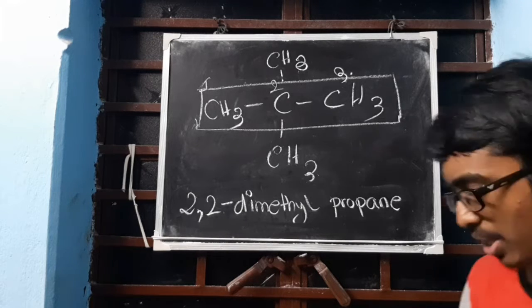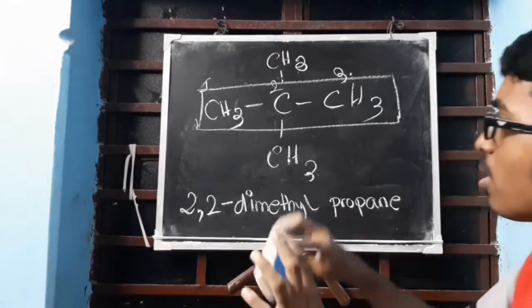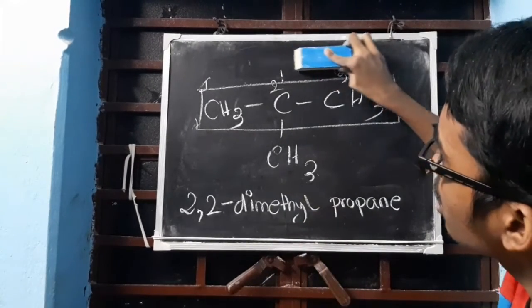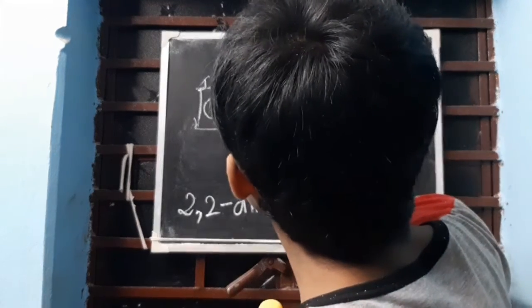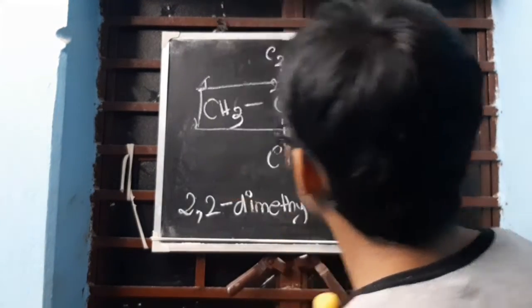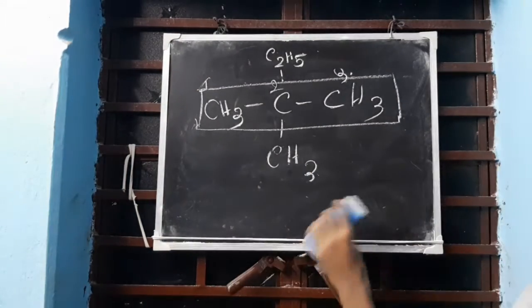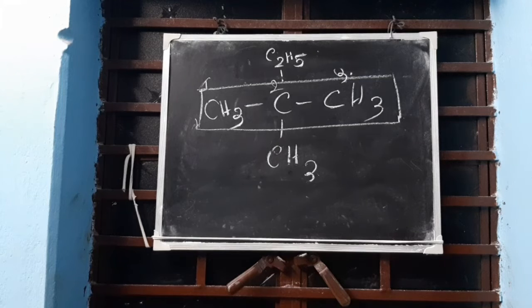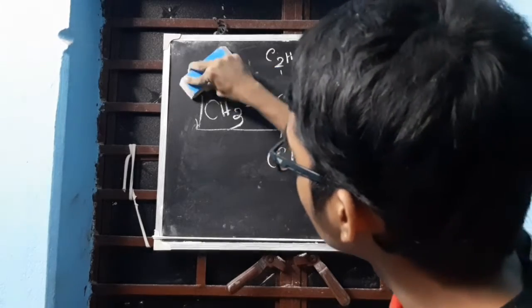Next, let me just modify this question. Just modifying one part of this question. Instead of CH3, if I write over here C2H5, what will happen? Erase this.